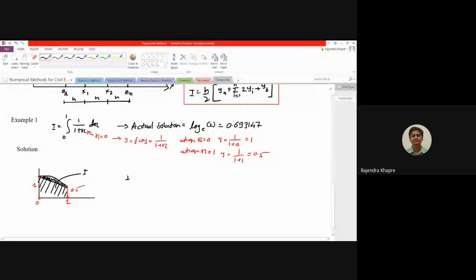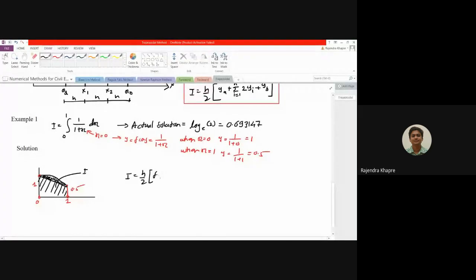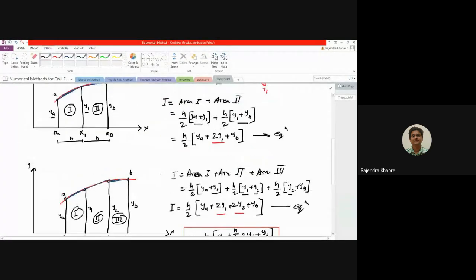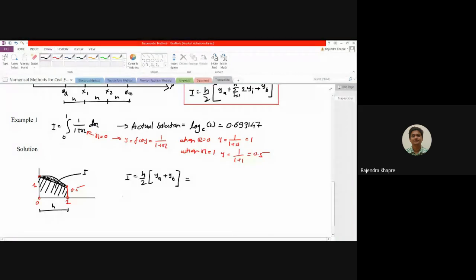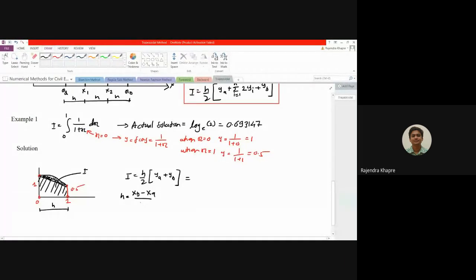As a result of this, I will be nothing but h by 2 into ya plus yb. And what will be your h? If you don't have any interval in between, h will be 1, because h is nothing but xb minus xa divided by, well, we are not going for anything else.